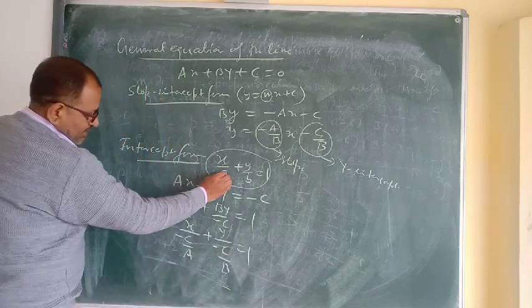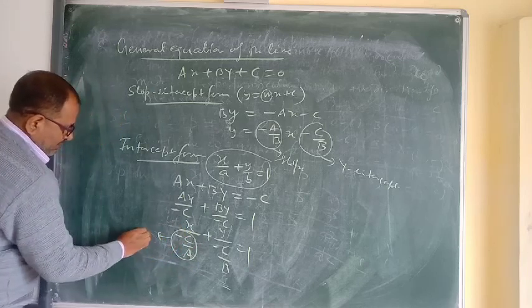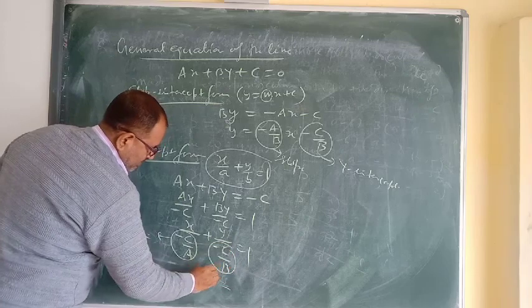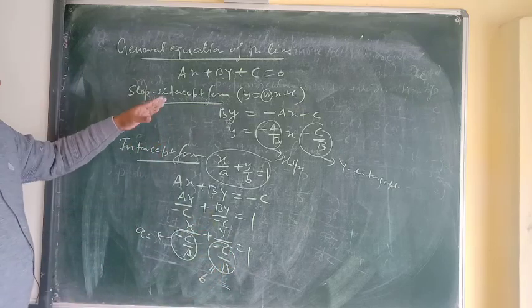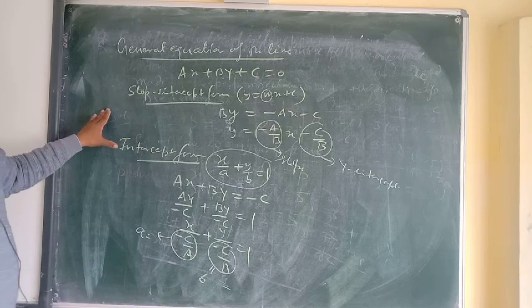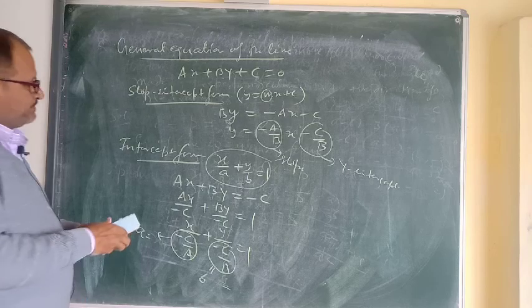If we compare with this equation, what is x intercept? This one, it is minus c by a. And y intercept is minus c by b. So general equation of a line can be reduced in the various forms: slope intercept form, intercept form, also in the normal form.